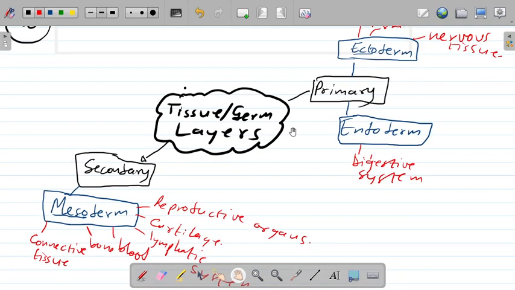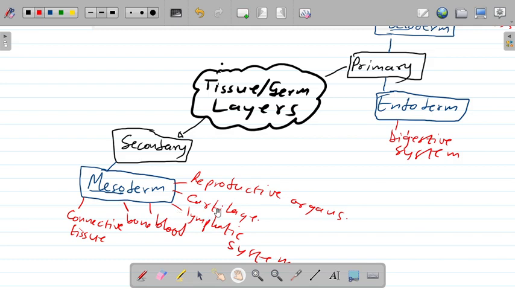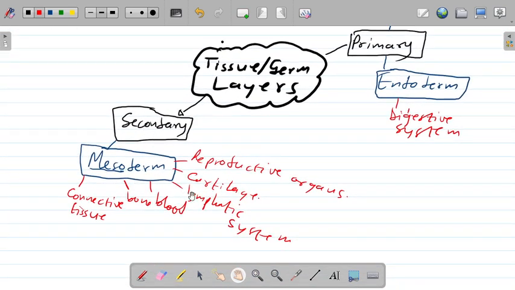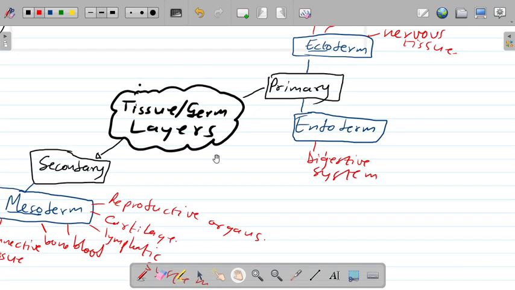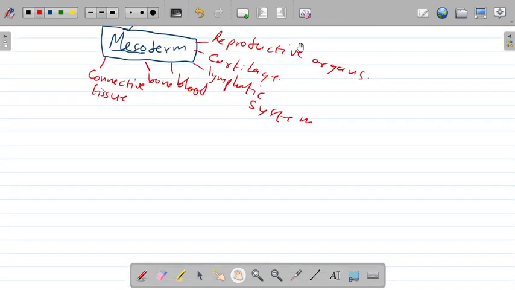The first primary ones are ectoderm and endoderm. Then the secondary one being your mesoderm, which gives rise to reproductive organs, your connective tissue, and lymphatic system. So basically, those are your triploblastic organisms.